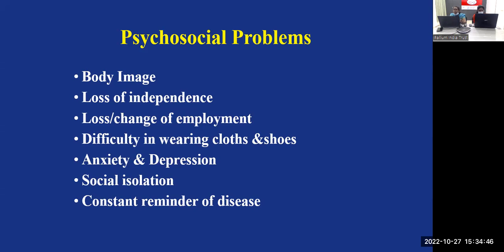But they might be thinking, my disease is spreading to my hands too. Whenever they see this edema in their hands, they might worry that because of my disease, I am getting these kinds of problems.